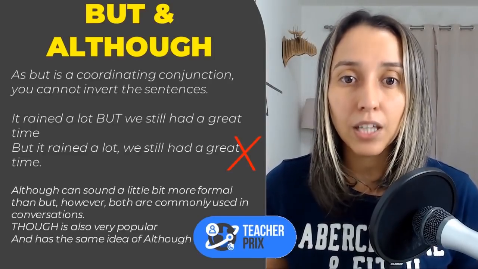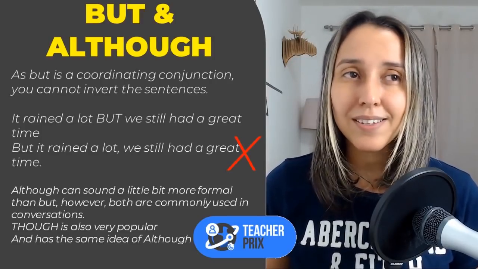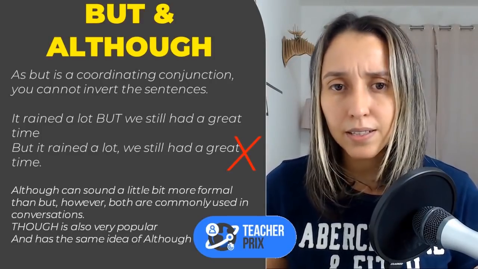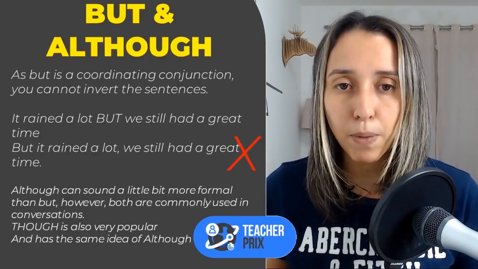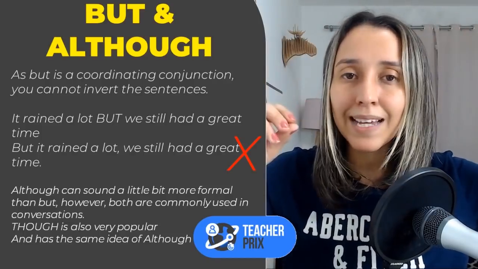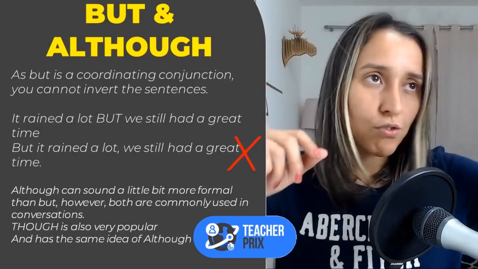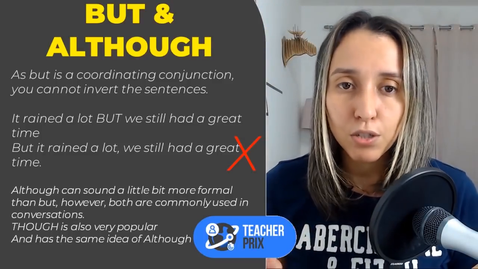So it rained a lot, but we still had a great time. I cannot say, but it rained a lot, we still had a great time. You can't do that. It's not possible. Only with although you can play with main idea and contrast or contrast and main idea. Okay? With but, you cannot do that.